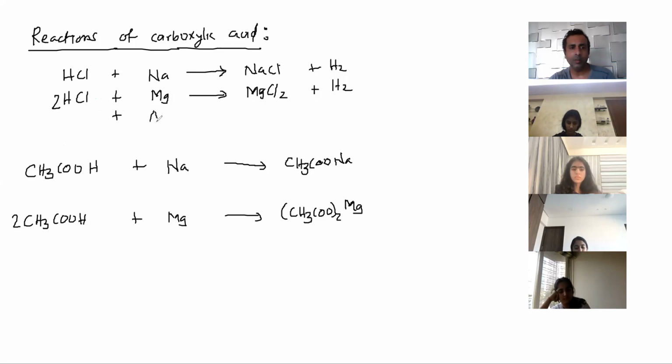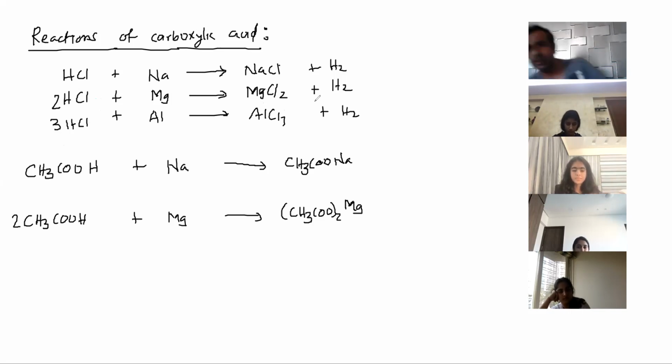Then, if it is aluminium, you'll have to take 3 HCl, because AlCl3 will form, and plus hydrogen, and you manage the balancing. This is unbalanced. Anyway, we're more concerned about the correct formula.